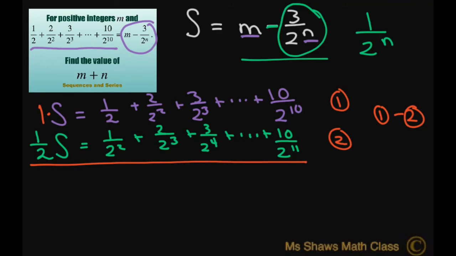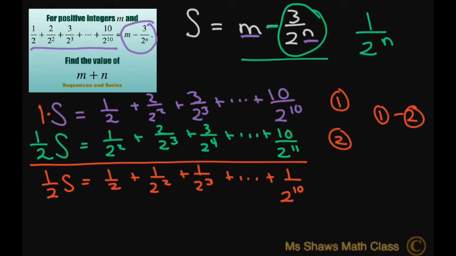So this is going to give you 1/2 s equals 1/2 plus 1 divided by 2 squared plus 1 divided by 2 cubed plus dot dot dot plus 1 divided by 2 to the power of 10 minus 10 divided by 2 to the power of 11. So now we have something like this, right? But we have a 3 here, so we're going to work on getting that 3.